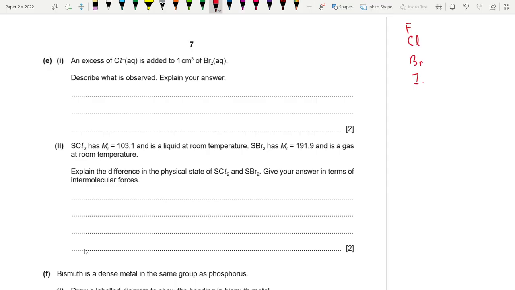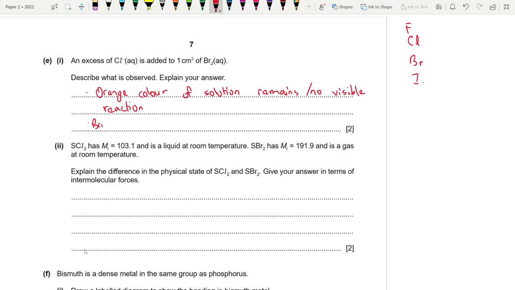Basically here we are not going to see any visible reaction. All right. So orange color of solution remains, or you could say that no visible reaction occurs. Okay, why?